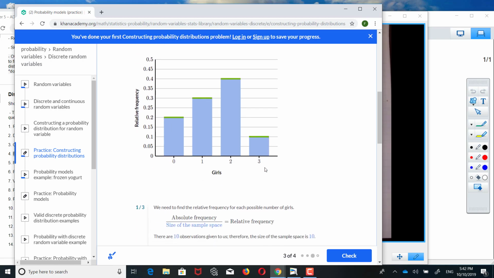But I want you to express this probability distribution using mathematical notation that you learned from the 3 previous video lectures.